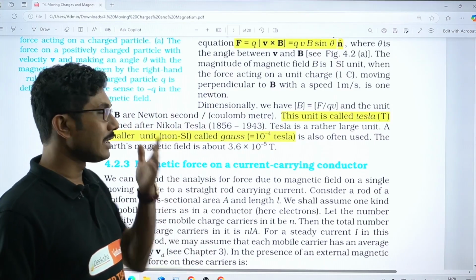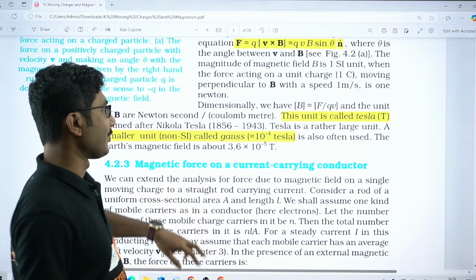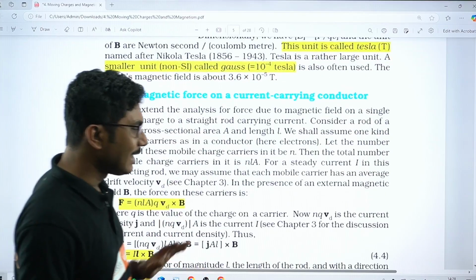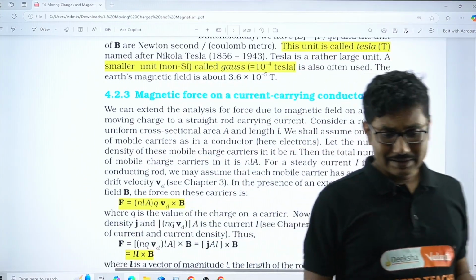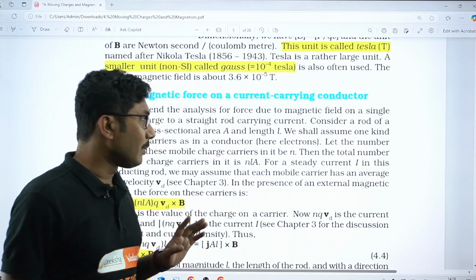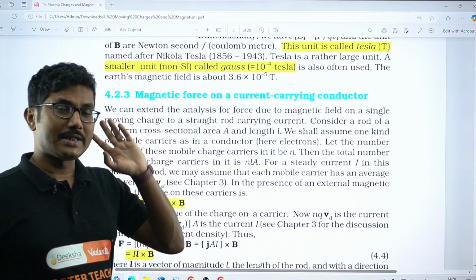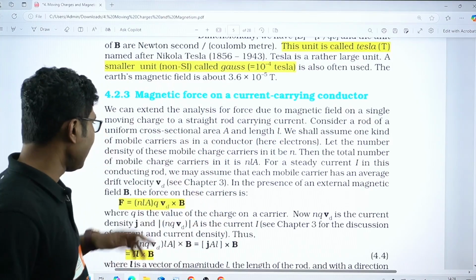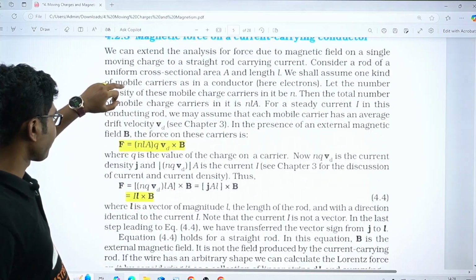Generally in your exam you can stay relaxed, but if they ask this in an objective MCQ, that might be possible. But in all other competitive exams, they generally give you the value in Tesla, so no need to worry about it.